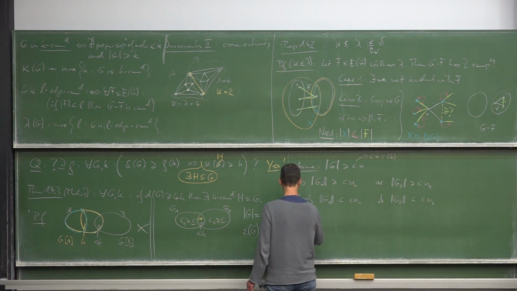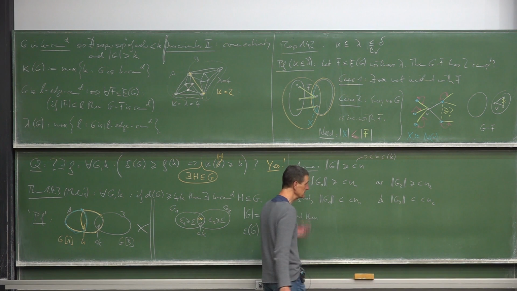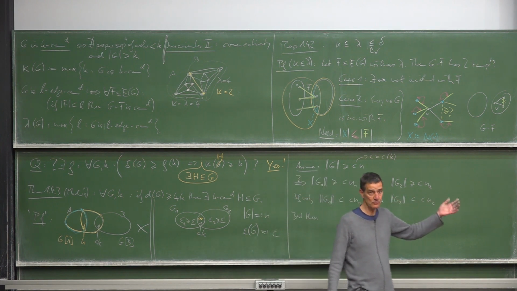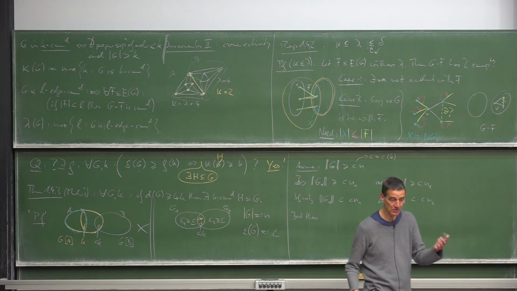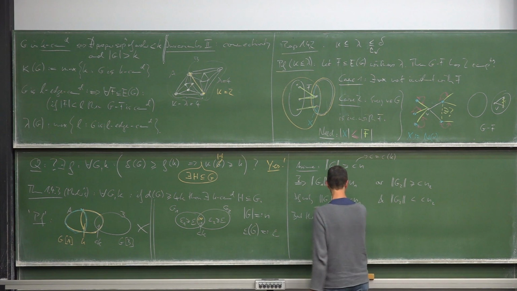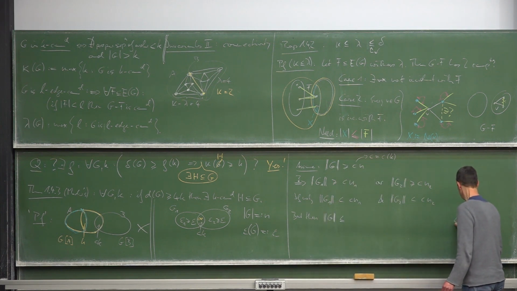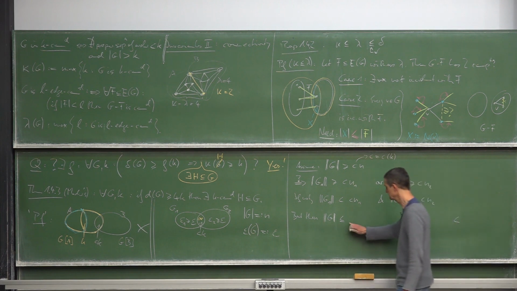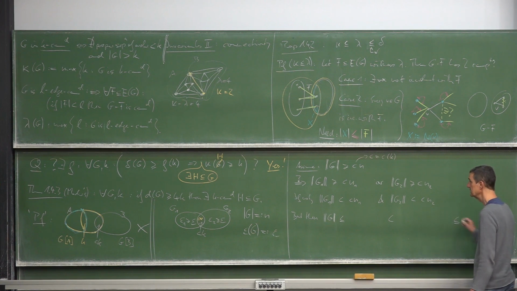So how can we get a contradiction from both sides being small? Well, the only contradiction can be to our asset. And the asset is that G has lots of edges. So we want to show that if this holds, then G has fewer than Cn edges. And then we want to say contradiction.